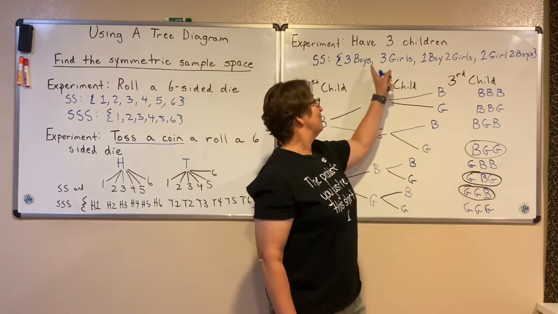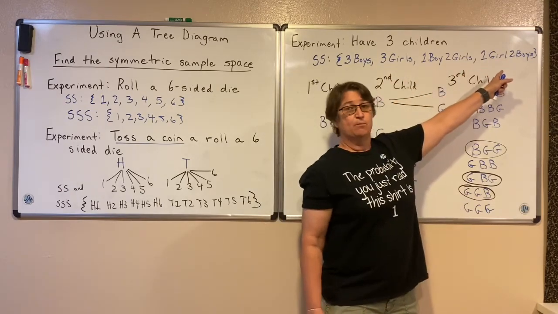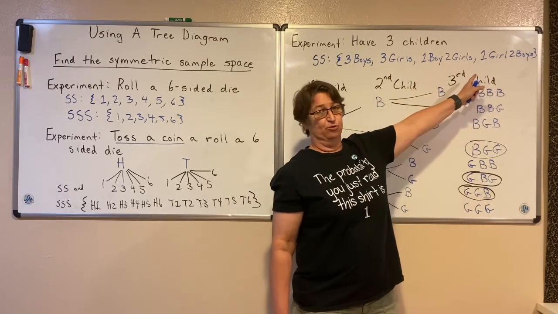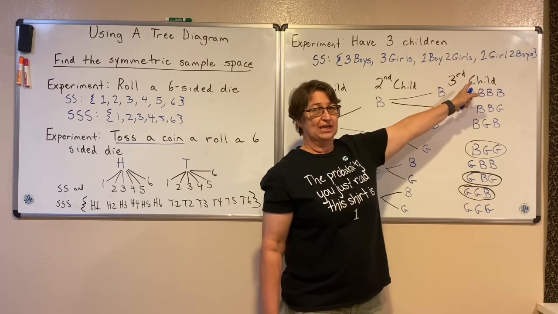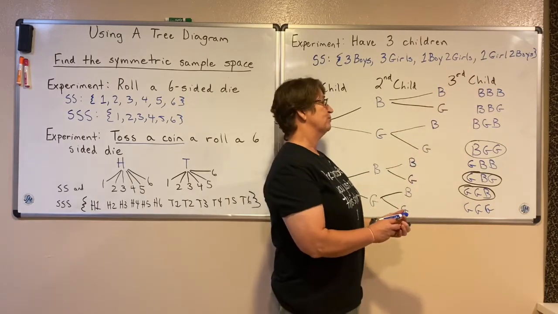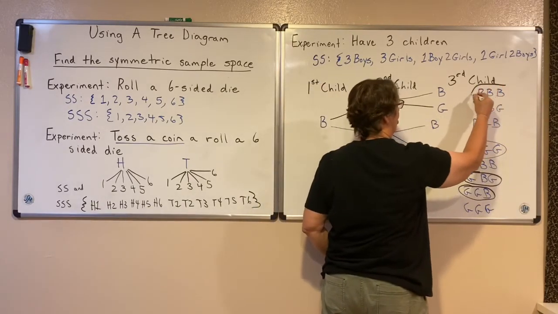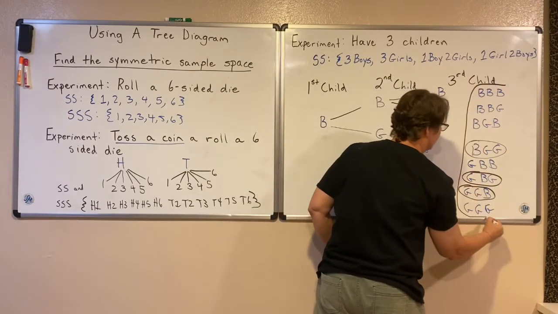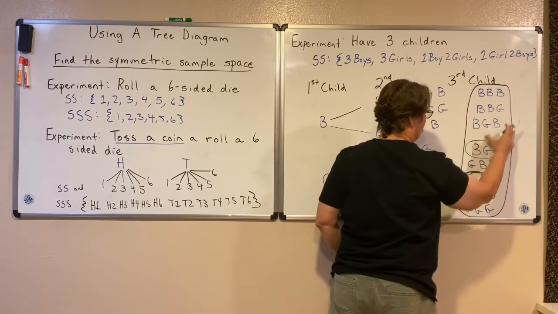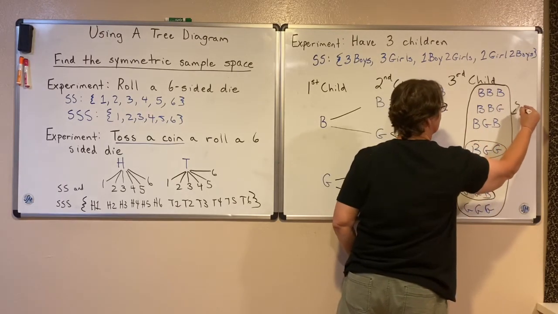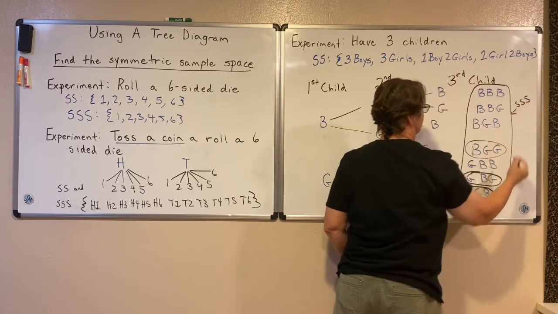So this is my sample space, but it's not my symmetric sample space because they're not equally likely. In order for it to be an equally likely sample space, I would have to show all the different outcomes here, so that this whole thing is my symmetric sample space.